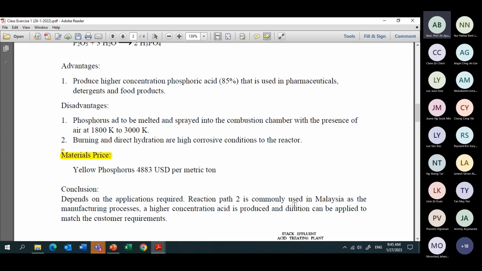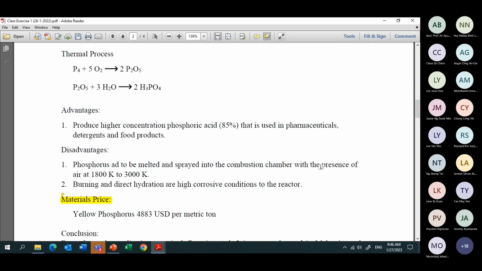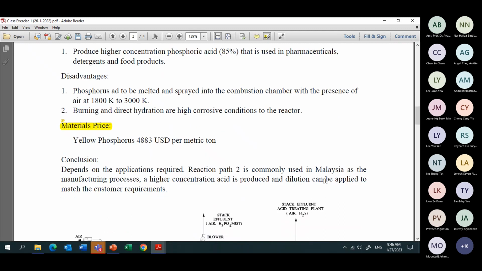This one, what do you mean by commonly used in Malaysia? Like the manufacturing plant for phosphoric acid in Malaysia is using the reaction path 2 rather than reaction path 1. I see, okay. Any reason?